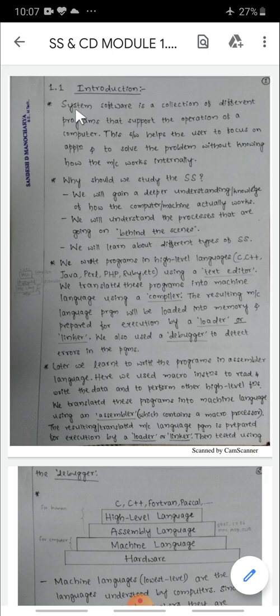To run that application he needs some device, so he has chosen a computer as just a tool or device. So these application softwares are not necessary or essential to run or operate the system or computer.